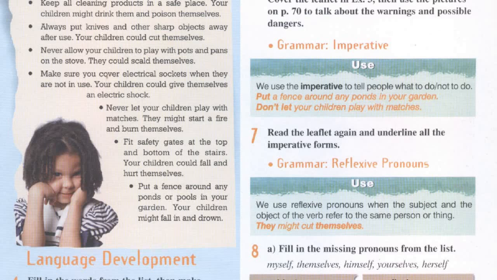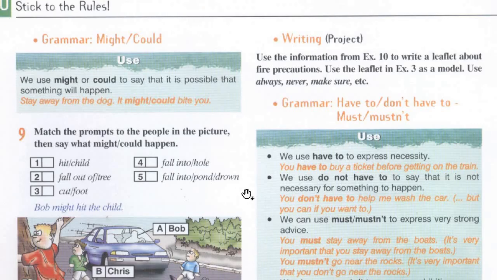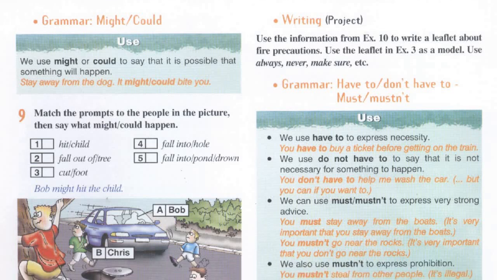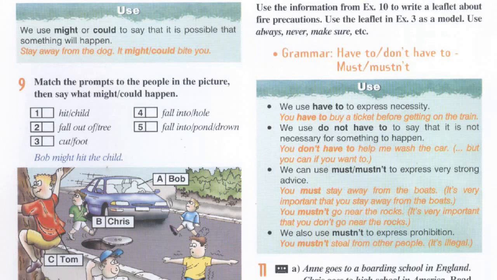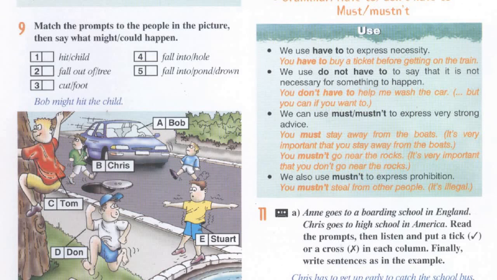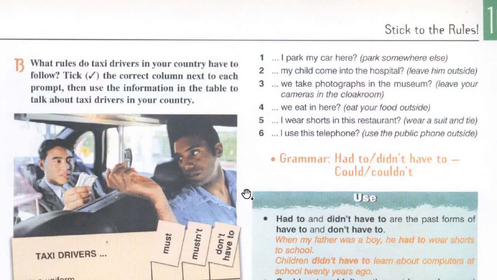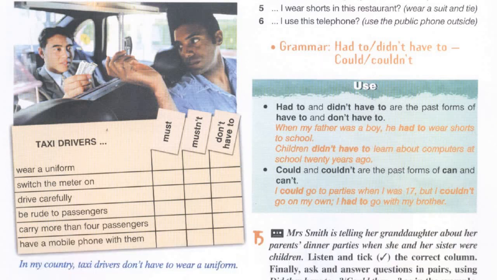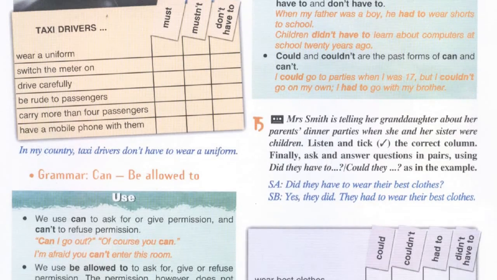We covered a number of grammatical issues: using could or might for possibility in the future, using have to and don't have to, can or be allowed for permission, have to or don't have to for necessity, and must and mustn't as strong advice. We also focused on the past form of could, and didn't have to or had to.